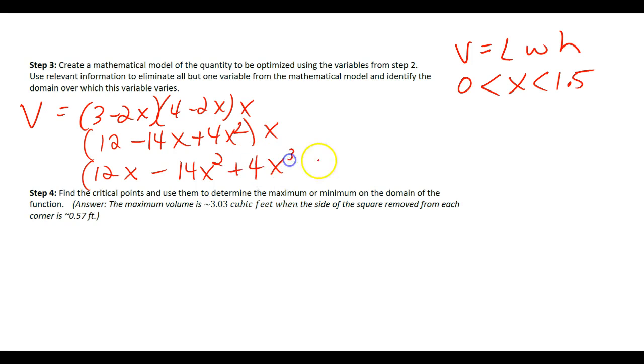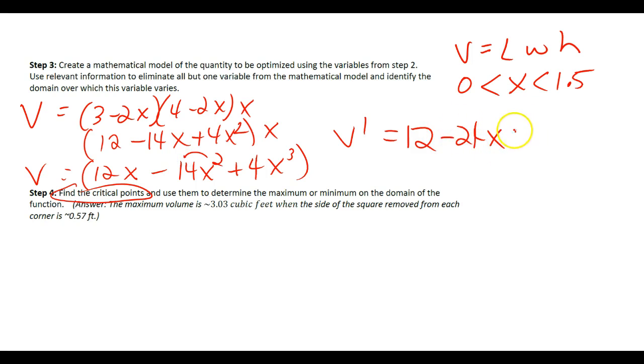All right. Now, truly, to optimize, I need to take the first derivative and find the critical points, right? So let's take the first derivative here. It's going to be 12, right, minus 24x plus 12x squared. It didn't look good. All right.